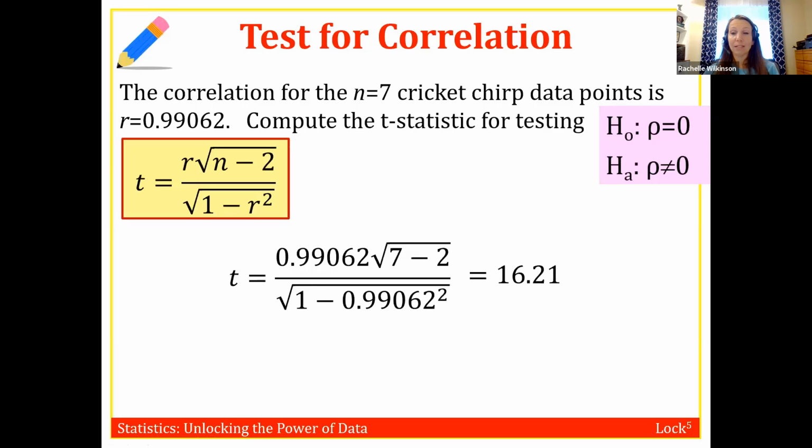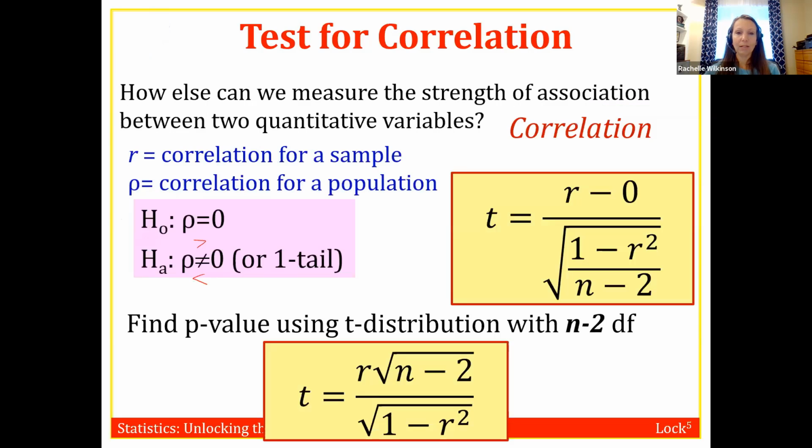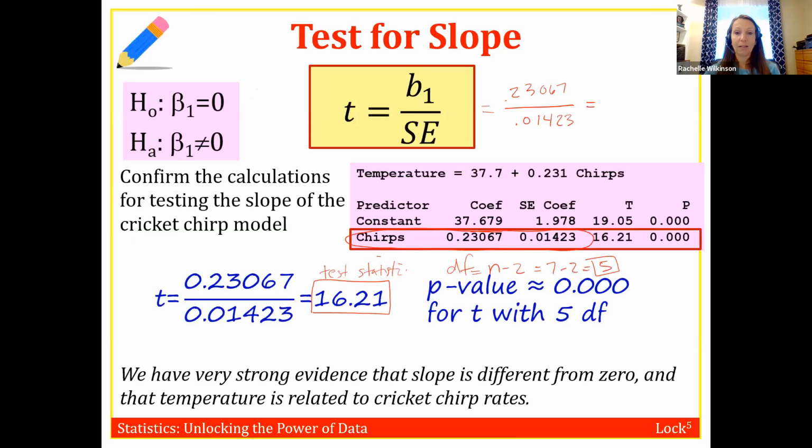Does that 16.21 look a little bit familiar? Have we seen a test statistic of 16.21? Yeah. If I back up here, look, this test statistic was also 16.21. And that's not a coincidence.